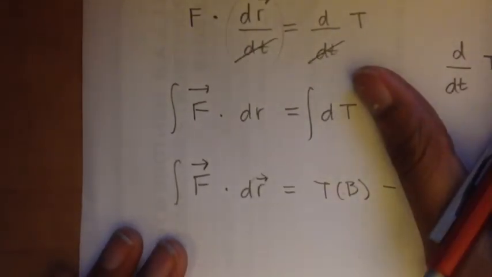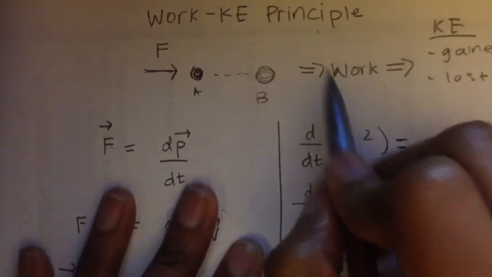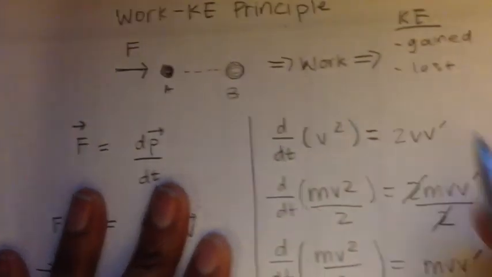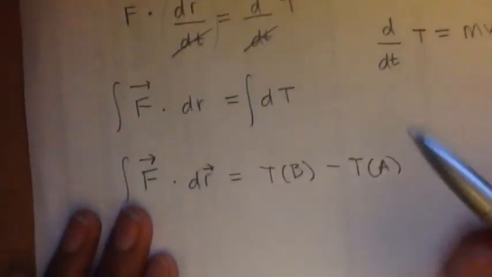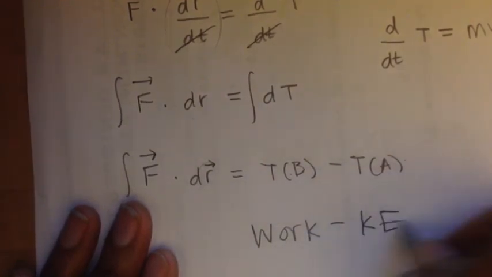So this actually verifies that when work is being done on a particle, the kinetic energy is gained or lost. And there we have it. That is our work kinetic energy principle.